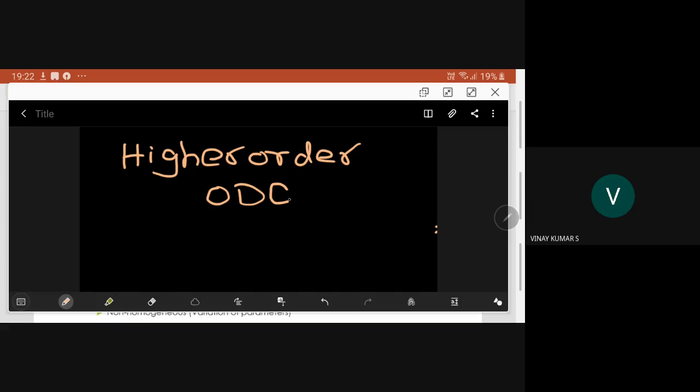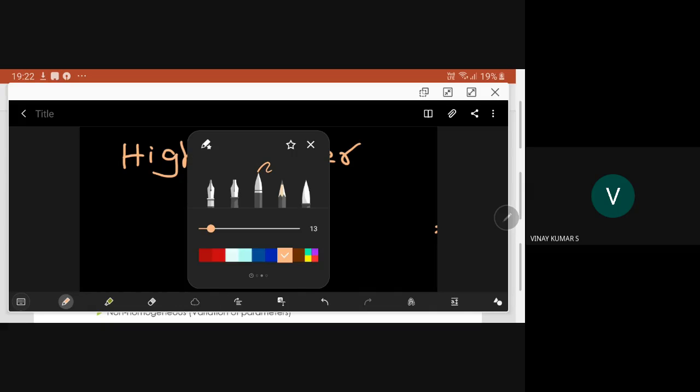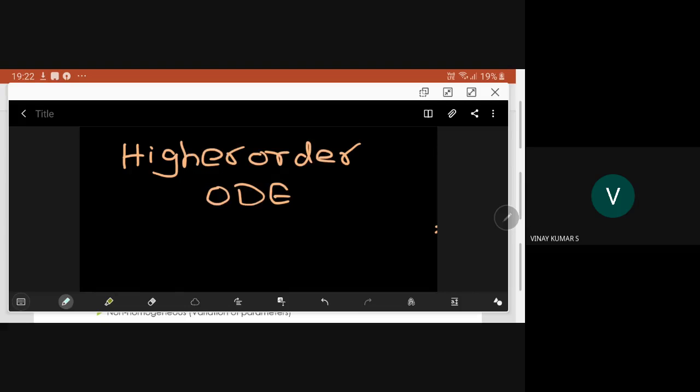So when you look at higher order equations, higher order ODE, here higher order means we are focusing on second order only. Problems in GATE come most of the time from second order.